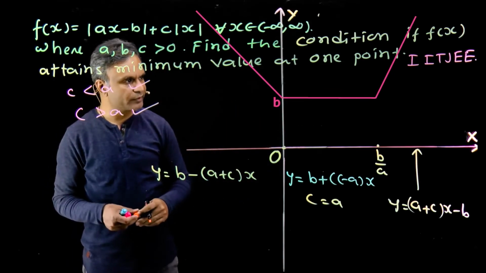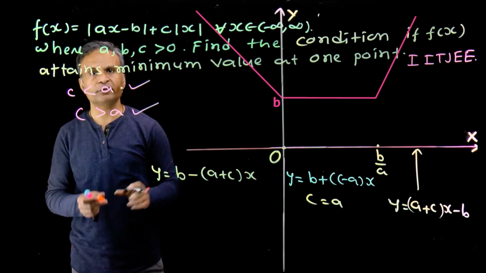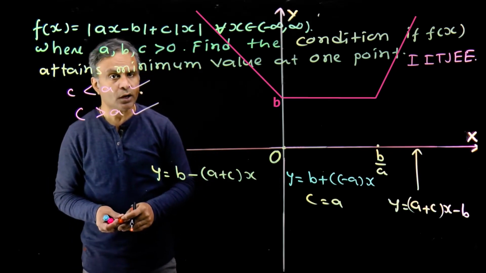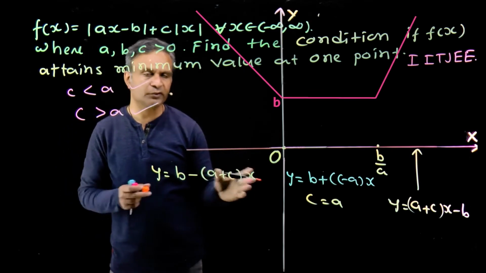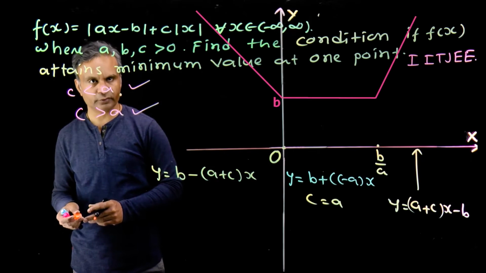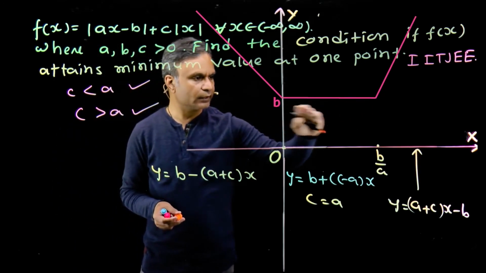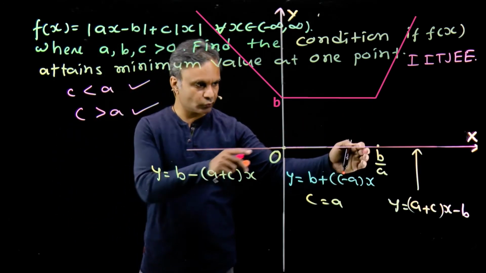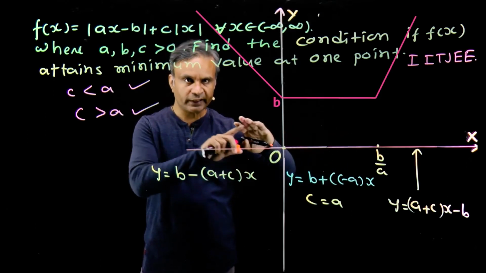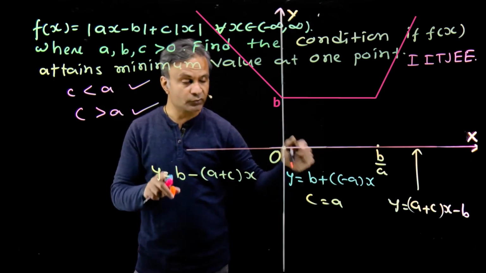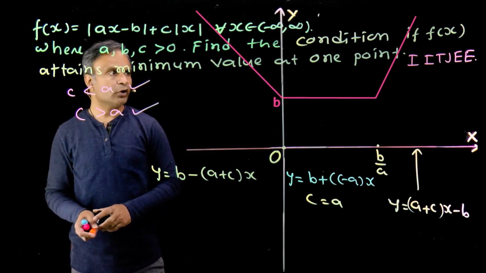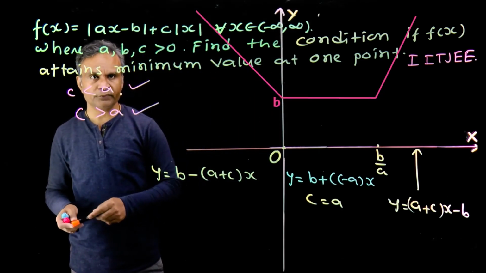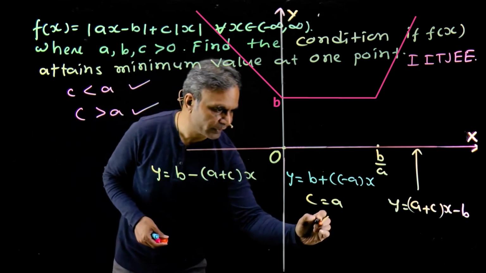In this case how many points of minima will there be? There will be infinite points of minima. All the points between 0 and b upon a, including 0 and b upon a, are points of minima. So here we have infinite number of points of minima, but we want exactly one point of minima. So this is not the required condition.